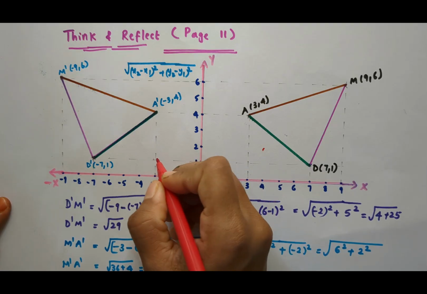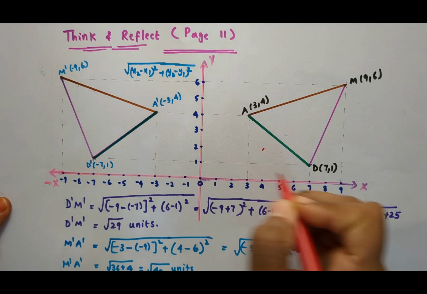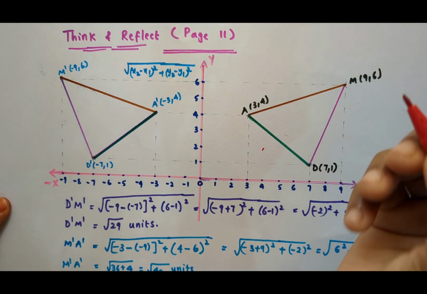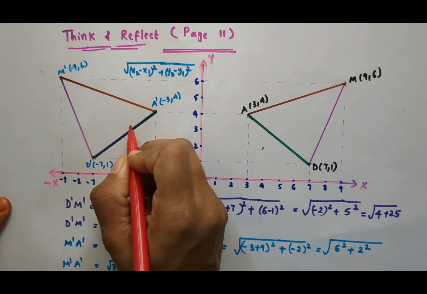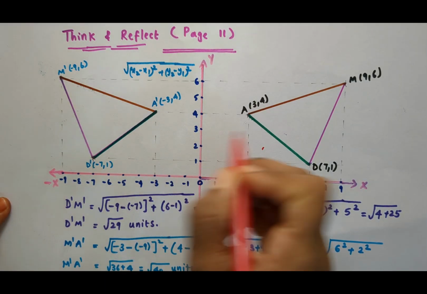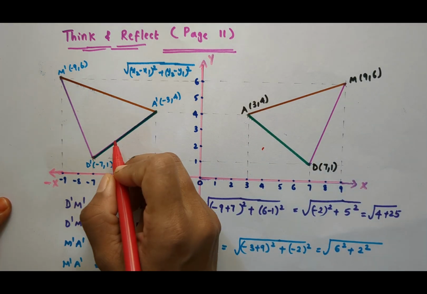Now, there is one more question. Would these observations be the same if triangle ADM is reflected in the x-axis? Sorry, in this case, this triangle is actually reflected in the y-axis, that is about the y-axis.